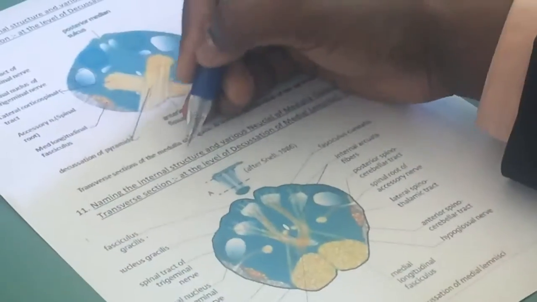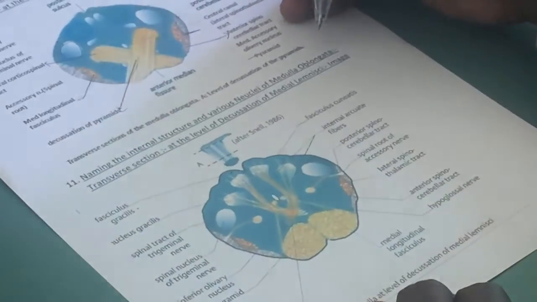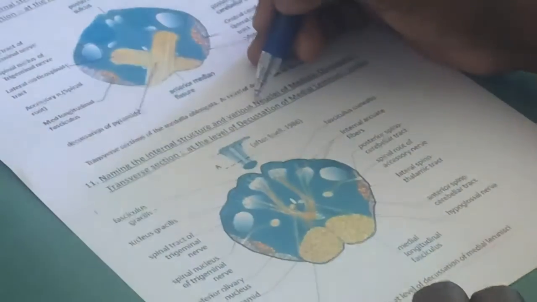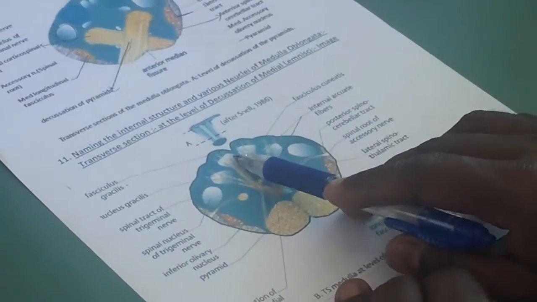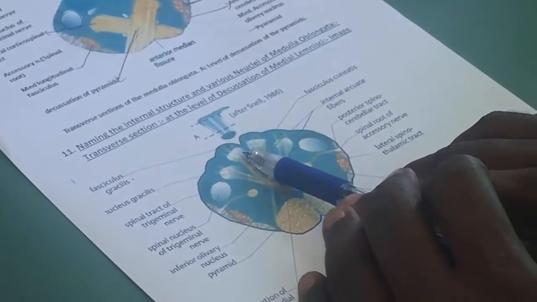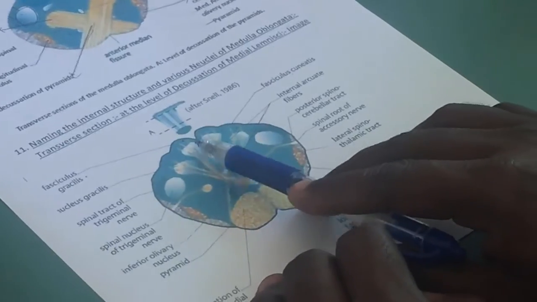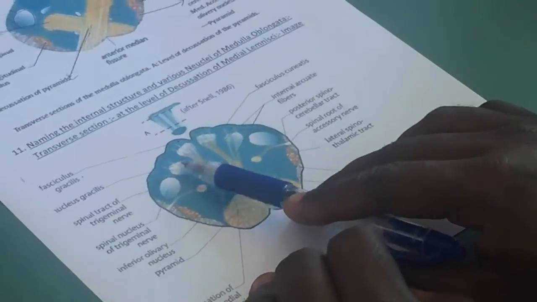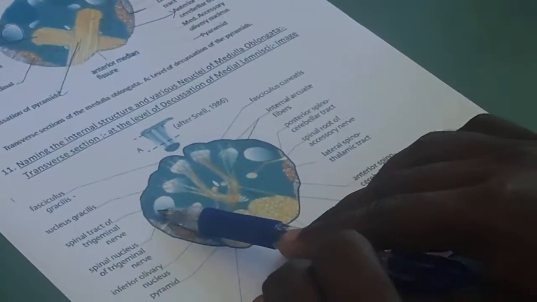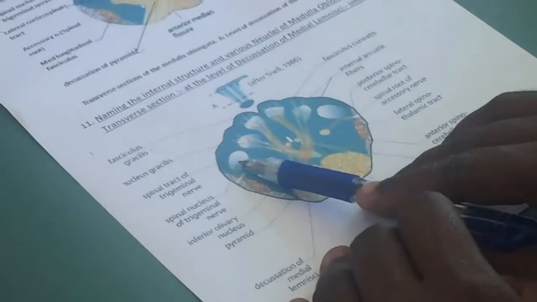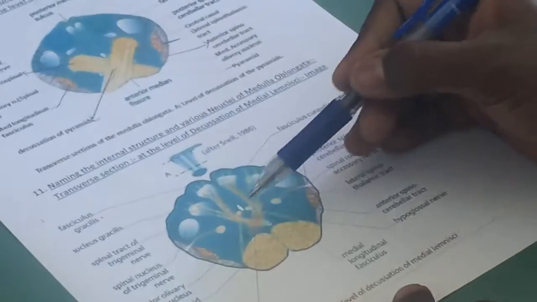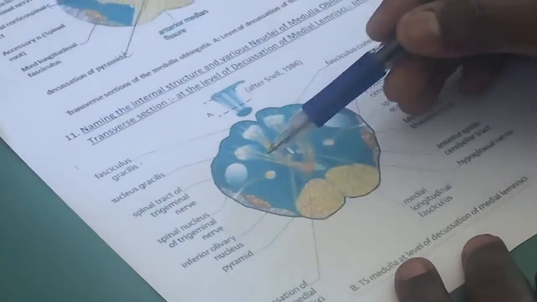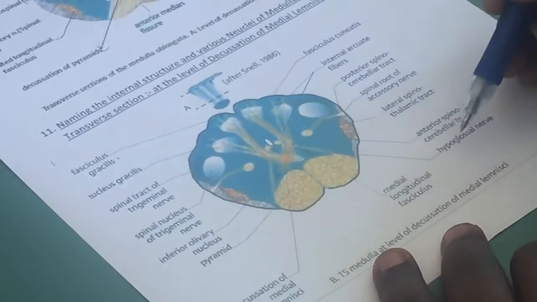Now naming the internal structures of various nuclei in the medulla oblongata, transverse section at the level of decussation of medial lemniscus. Here, nucleus gracilis, nucleus cuneatus. This is gracilis nucleus, this is cuneatus nucleus, and these are the trigeminal nerve nucleus, pyramid, lemniscus. This is the decussation of the lemniscus, and this is the hypoglossal nerve.